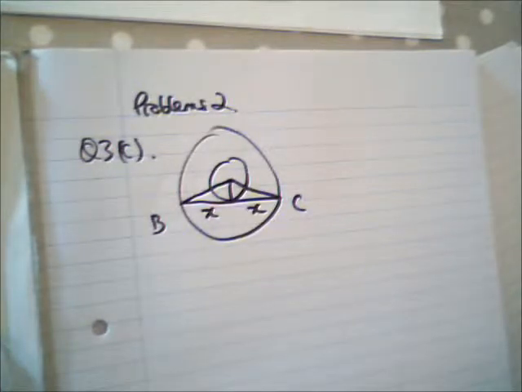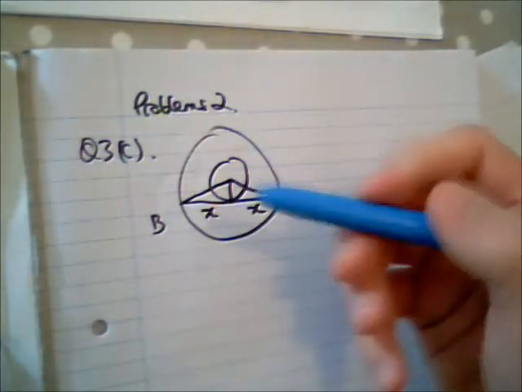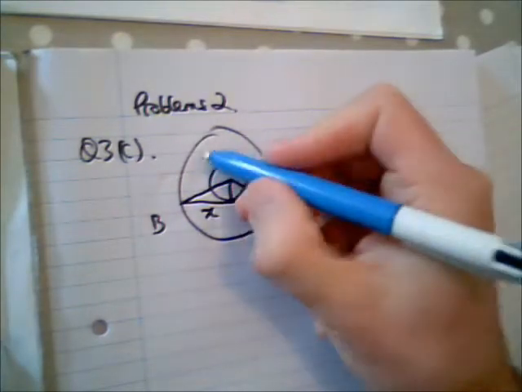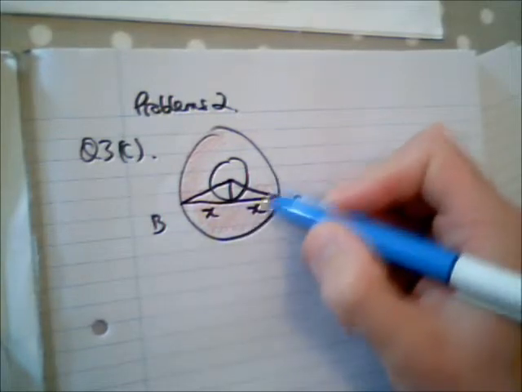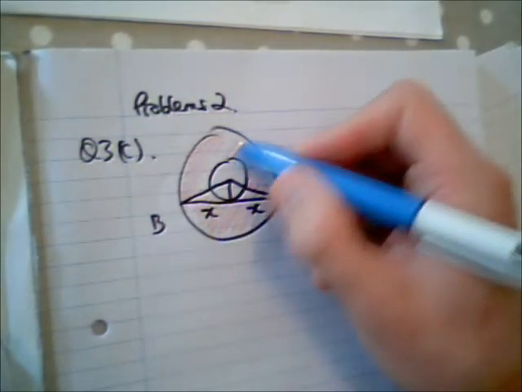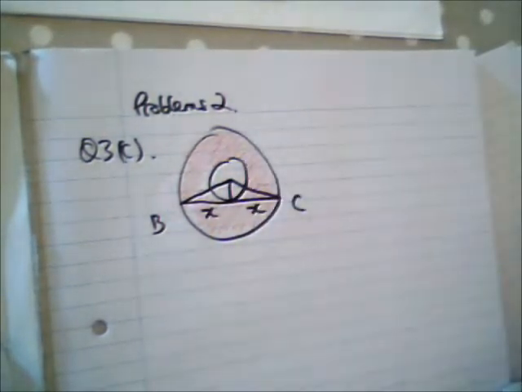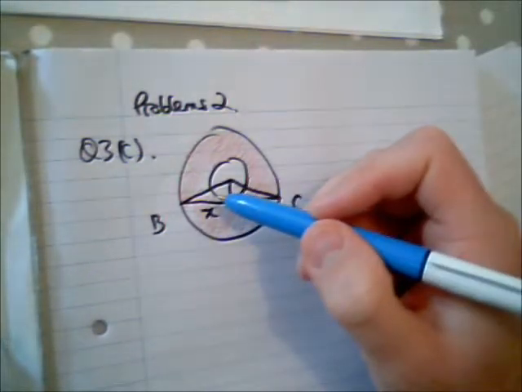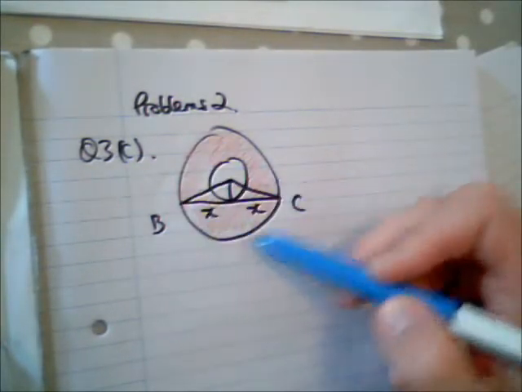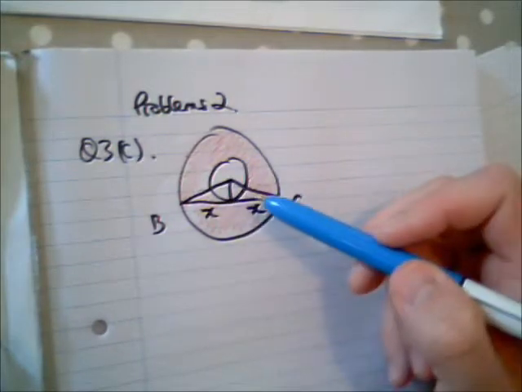Whereas to express the area of the shaded region, now the shaded region is this donut here. So we want to write the area of the shaded region in terms of x, which looks a little bit tricky. So the only way we can find the area of the shaded region is as the area of the big circle, take away the area of the little circle.